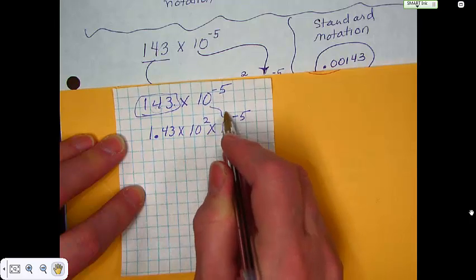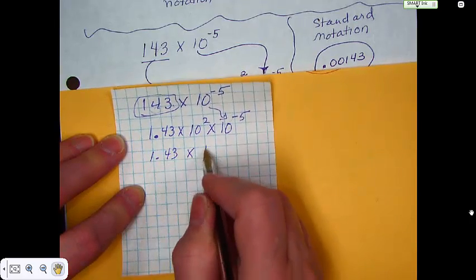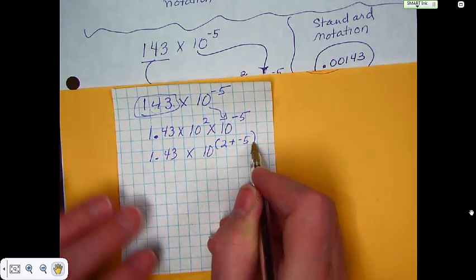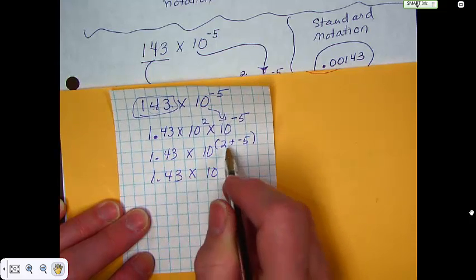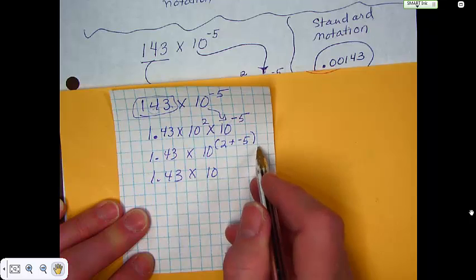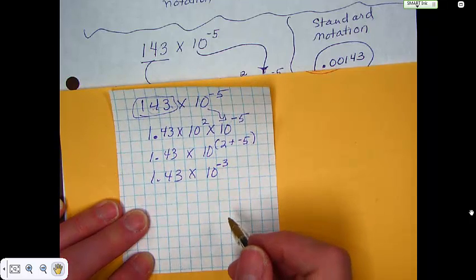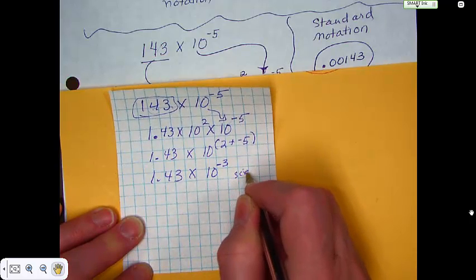Just got to bring this guy down. So we have 1.43 times 10 to the 2 plus negative 5 power. 1.43 times 10 to the, okay, 2 plus negative 5 you subtract because it's negative, and you're going to end up with a negative 3. Okay? So when you go to write that in standard notation, this is scientific now.